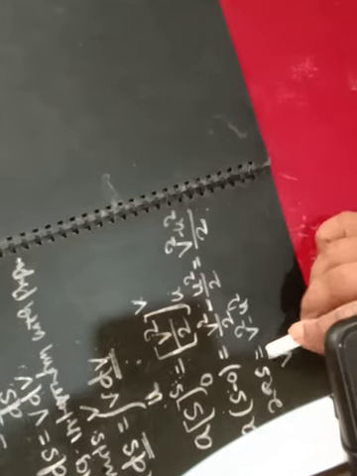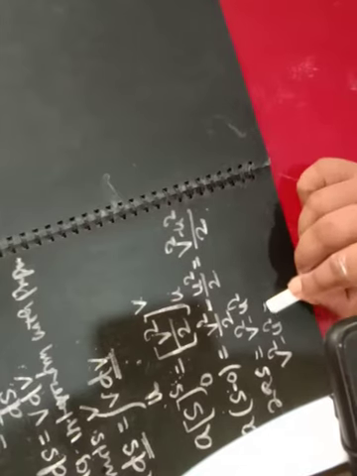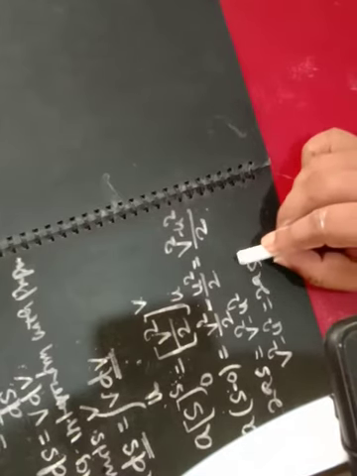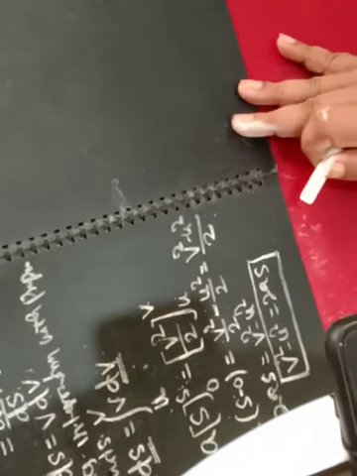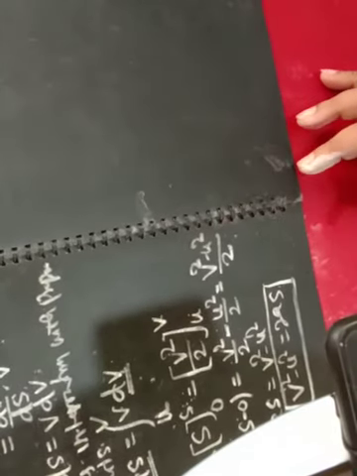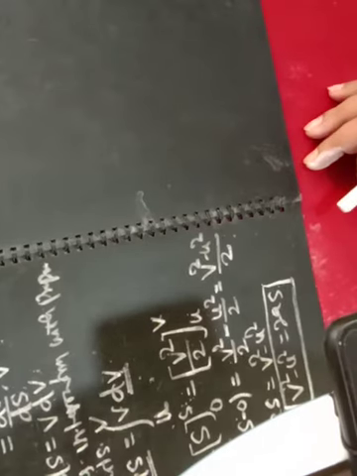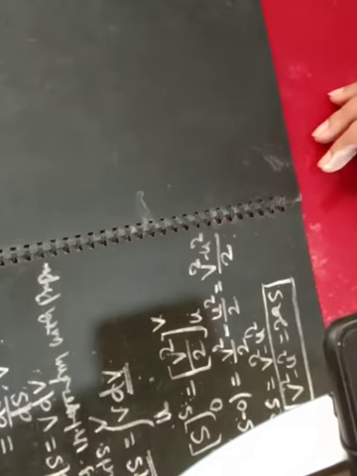You are getting the equation v square minus u square equal to 2as, the required expression for the third equation of motion.